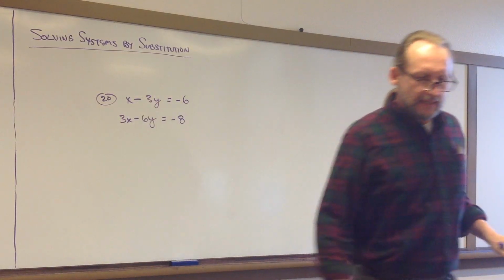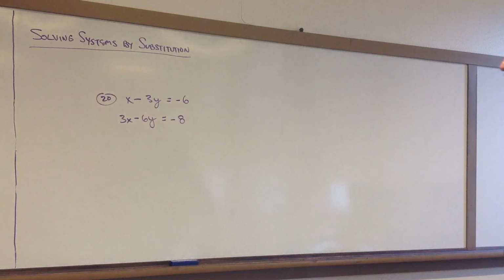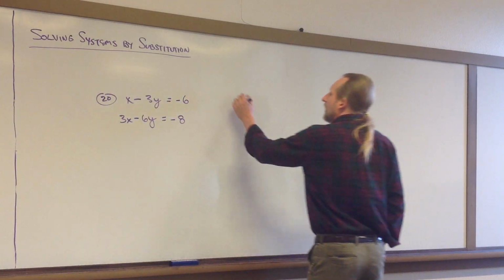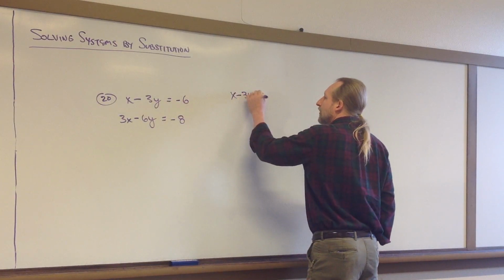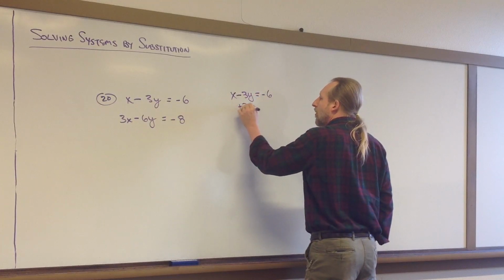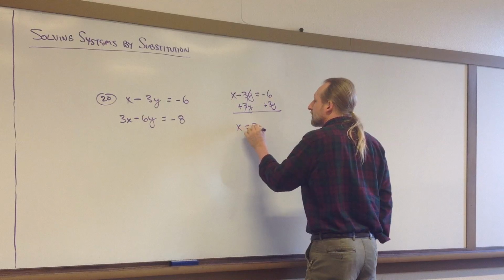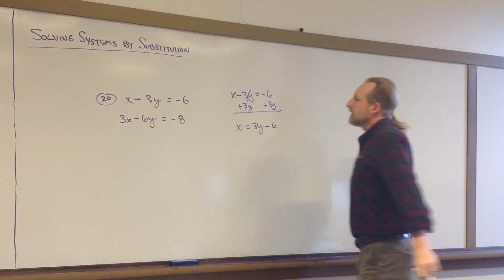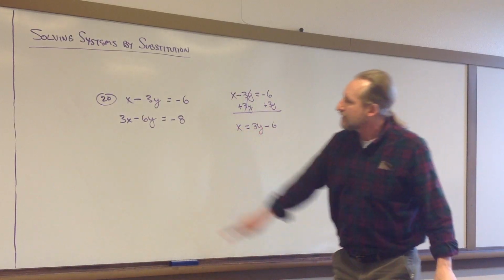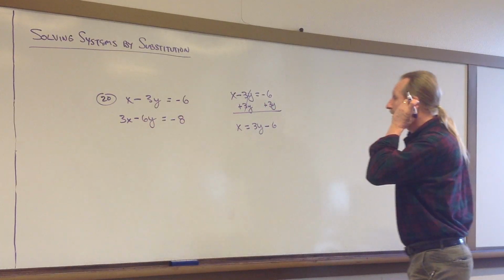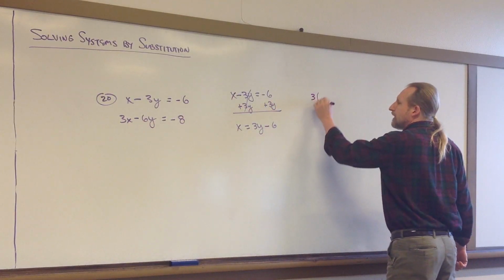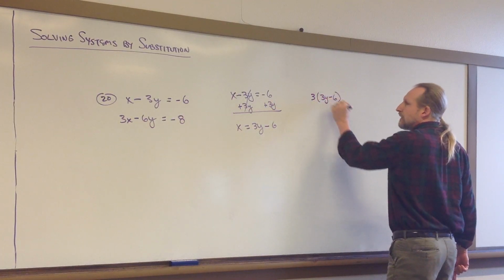So I'll isolate that x in the first equation there by adding 3y to both sides. So x is 3y minus 6, and then I'll plug that into the second equation in place of the x. 3y minus 6.